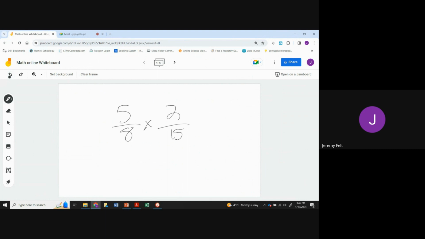So one thing we can do, if there's a fraction, obviously reduce top and bottom. But when you can't do that, you can look diagonally because eventually these two numbers are going to be multiplied over these two numbers, or 3 or 4, however many numbers. So we can look diagonally and see 5 goes into both of these. Goes into 5 once, 15 3 times. 2 and 8, well, 2 goes into 2 once, and into 8 4 times. 1 times 1 is 1, over 4 times 3, which is 12.